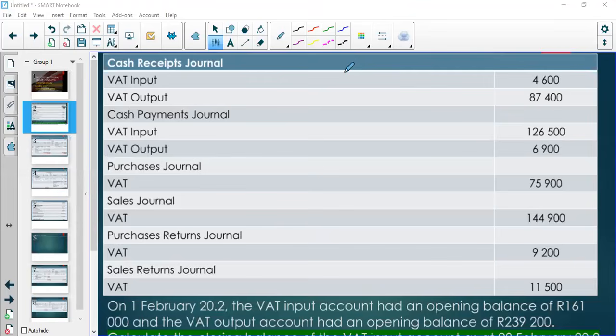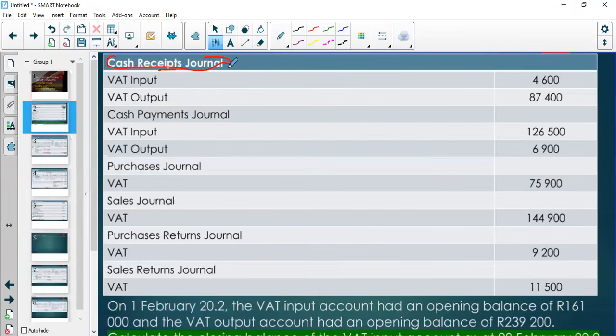Right, so what I'm going to do now is look at these journals and try to explain to you where the VAT comes from, right? So we start with our cash receipts journal.